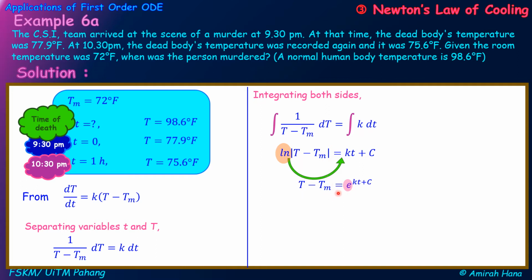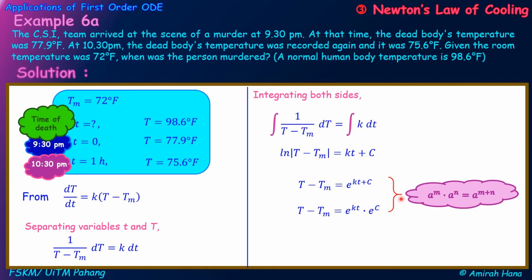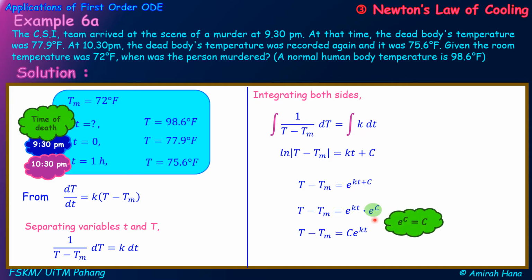So we have T minus Tm equals e to the power of kt plus C. Using properties of indices, a to the power m times a to the power n, we add the exponents, so e to the power of kt plus C separates into e to the power of kt times e to the power of C. And e to the power of C equals a constant C, because e, Euler's number, which is 2.718 something, is constant, and a constant to the power of a constant is constant.